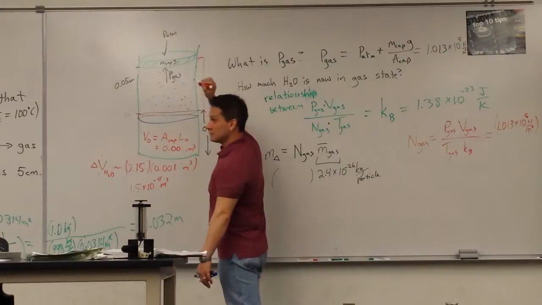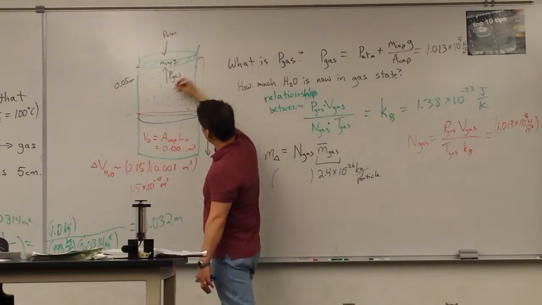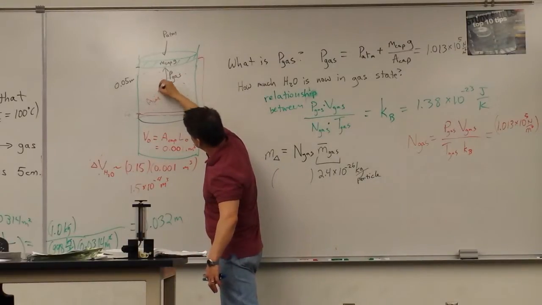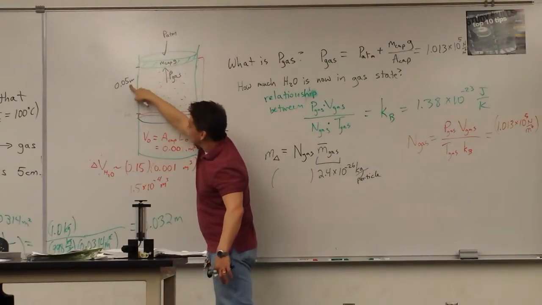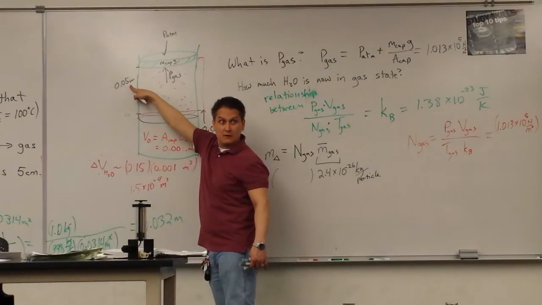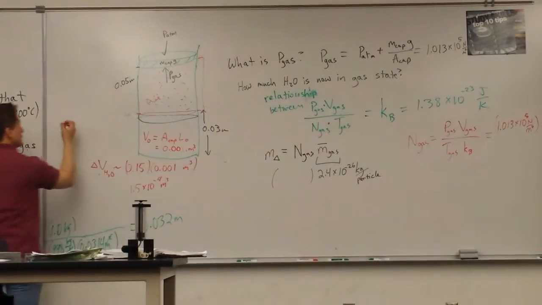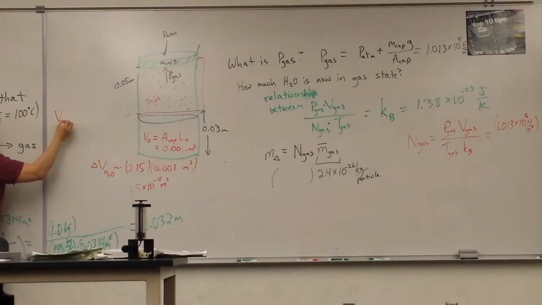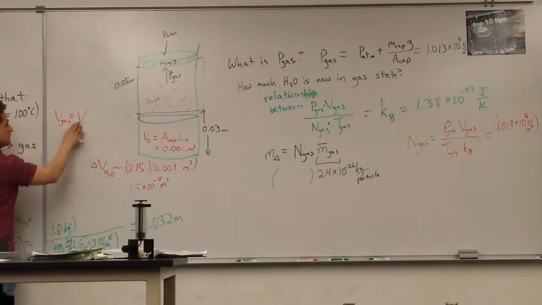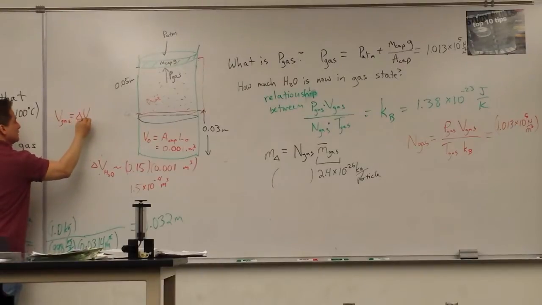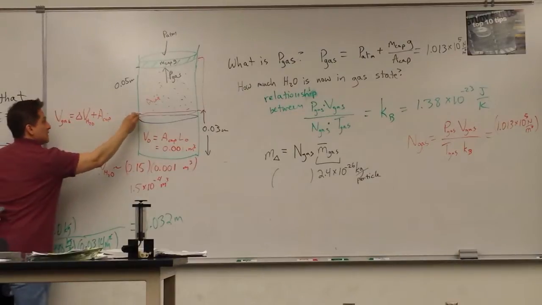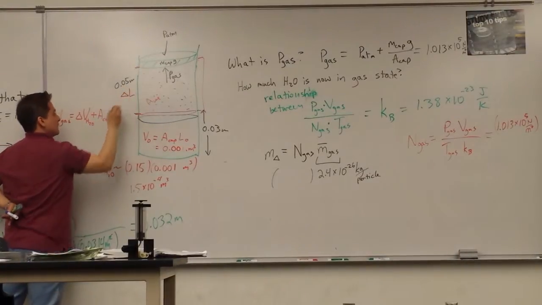This volume then is going to be about A cap times 0.015 plus this. So the volume of the gas is going to be equal to the volume of the water loss, call it delta V water, plus A cap times this delta L, if you will.